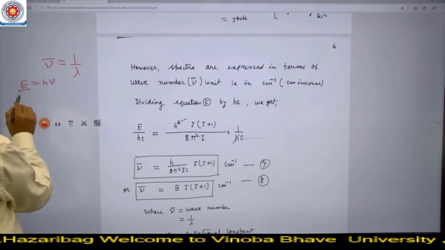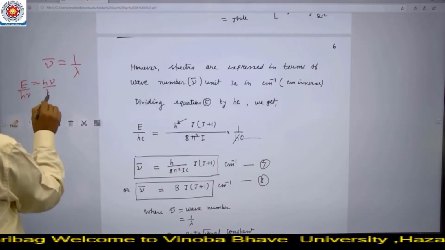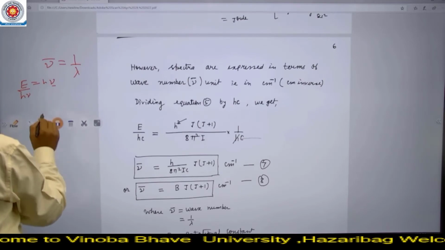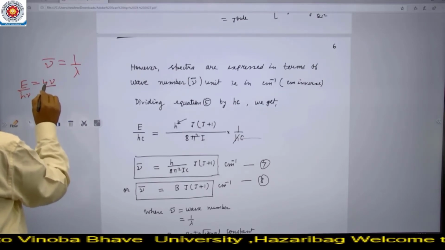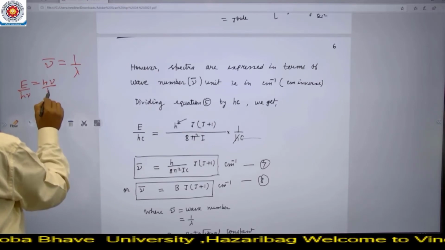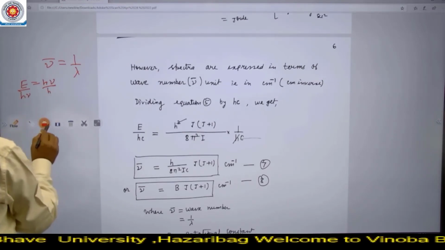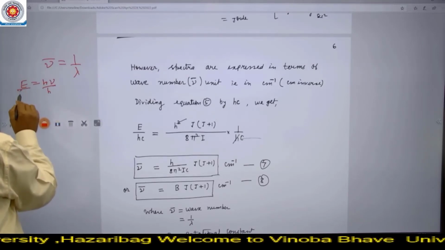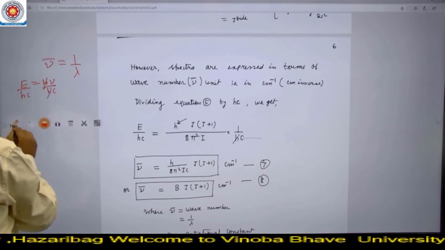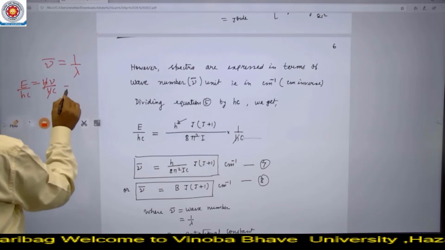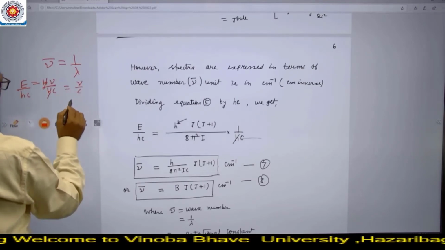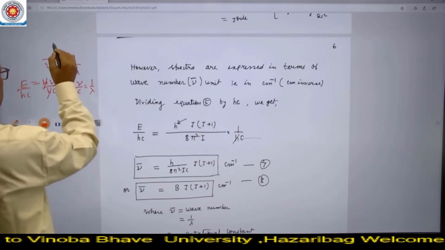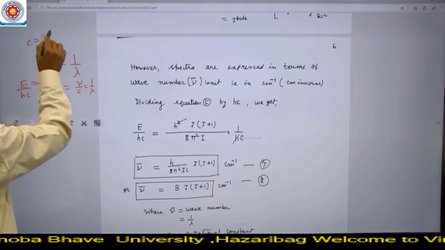So if you divide E by hc, this is equal to nu by c, and nu by c is equal to 1 by lambda, because c is equal to nu lambda.